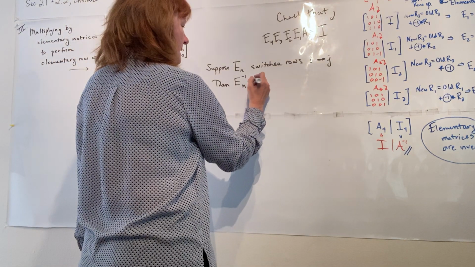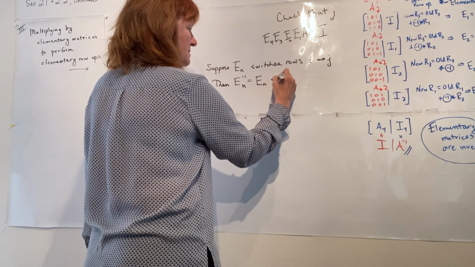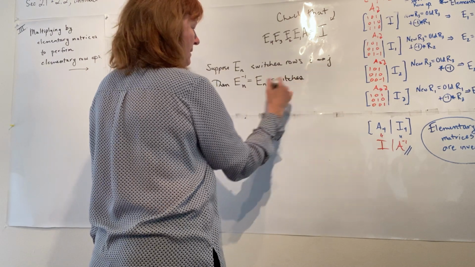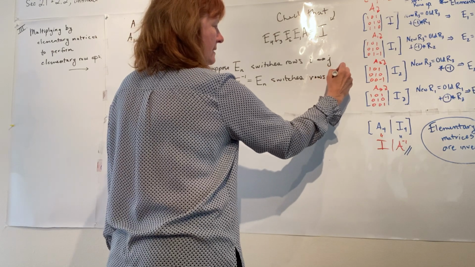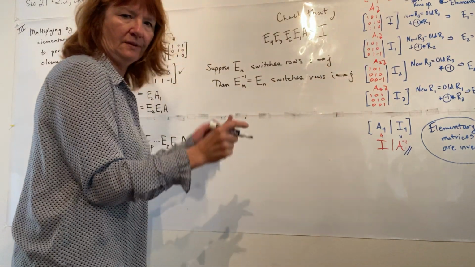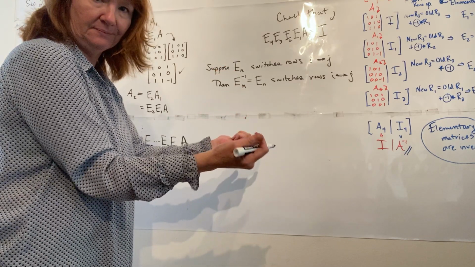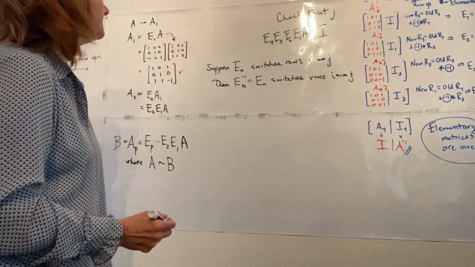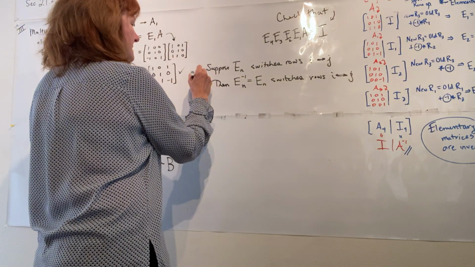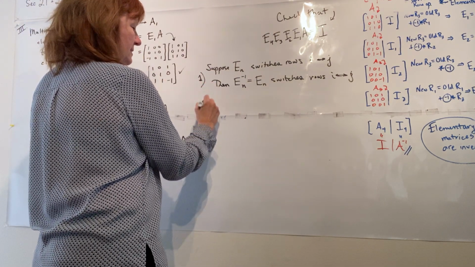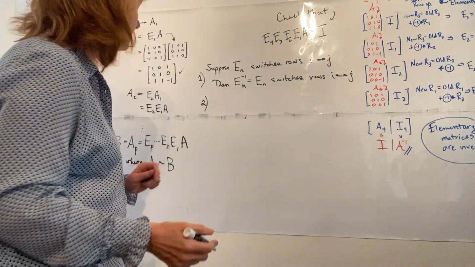So En's inverse is going to be En itself, because multiplying by En switches rows I and J again. So if you switch them one way, now you just switch them again, you've undone that. So that's the easiest type of elementary row operation and elementary matrix.